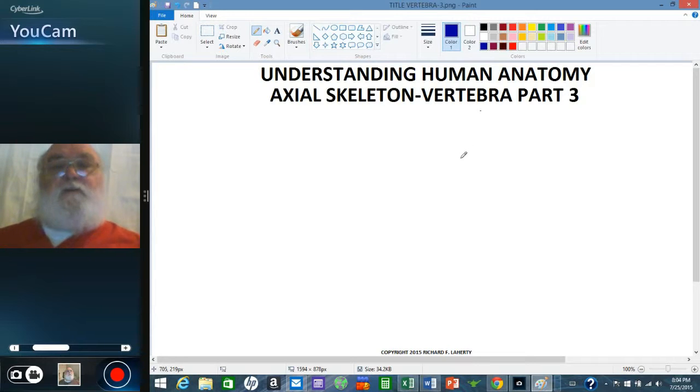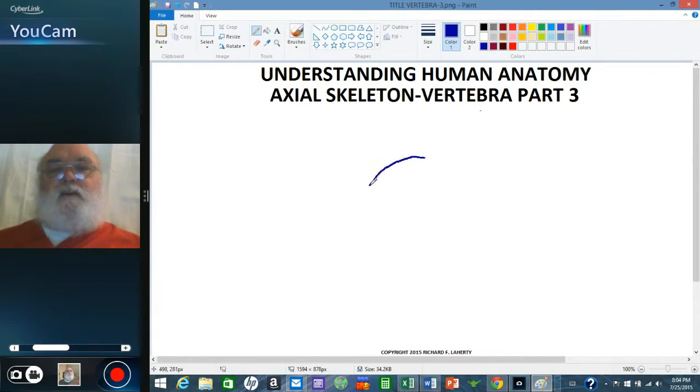So what we're going to do is draw a cross section through the disc. Like before, when we looked at a cross section through the body, it went through the vertebra. Now we're going to be a little bit more precise and put it right through the intervertebral discs. So we'll see the disc as it would be viewed from above.